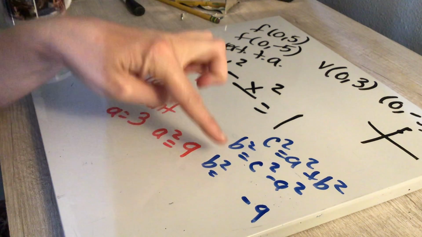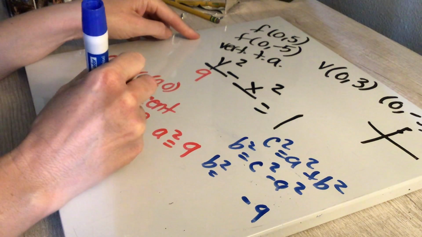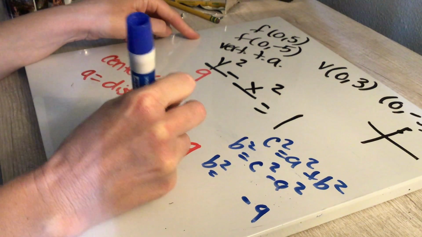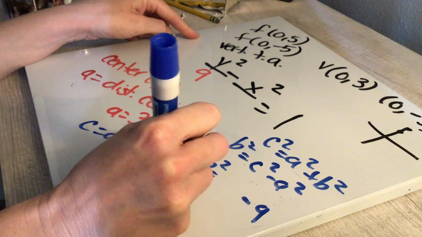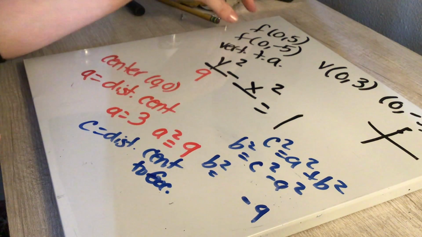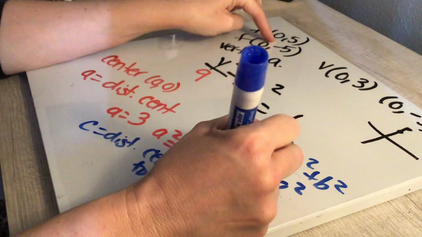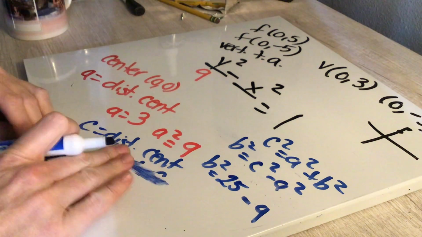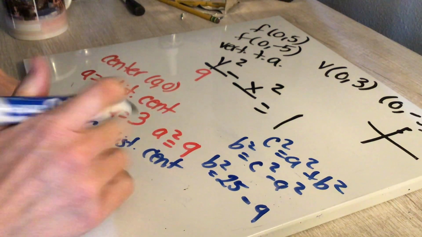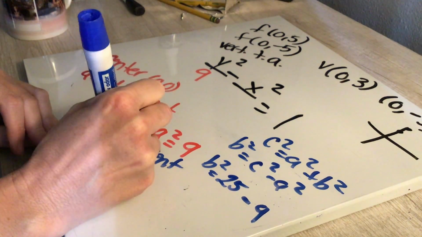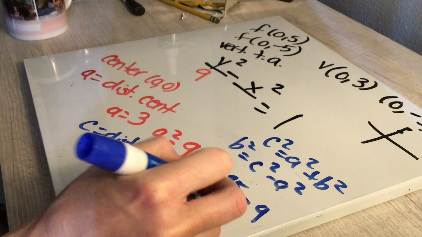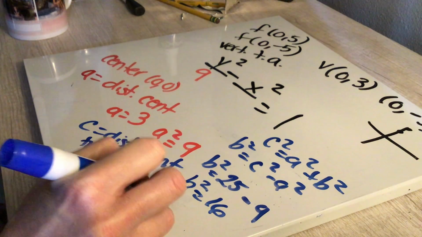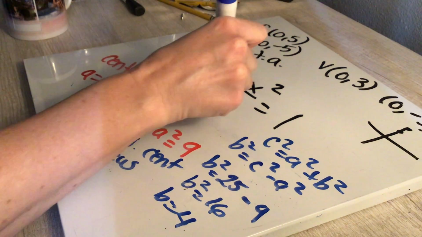Okay, so then c is the distance from the center to a focus. Okay, so the focus is 5 units from the center, so c squared is 25. All right, and 25 minus 9 is 16. So b squared equals 16, b would be 4.